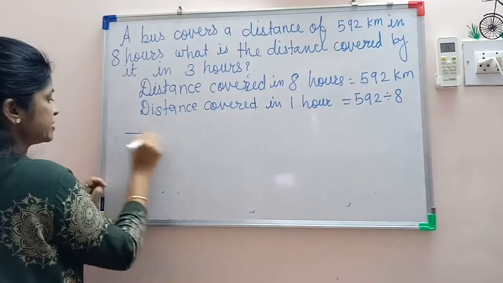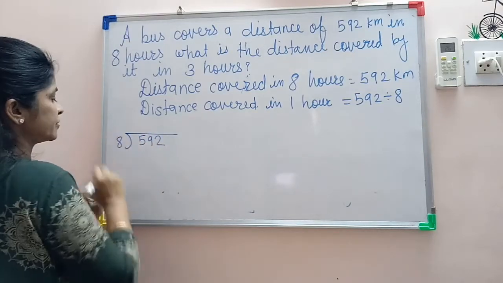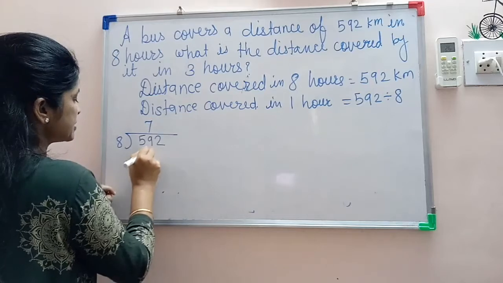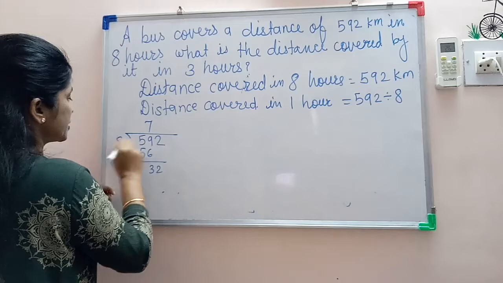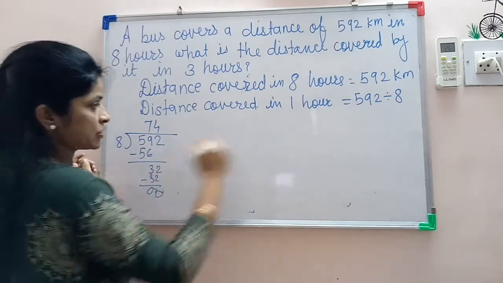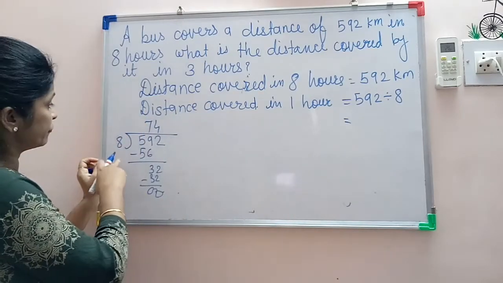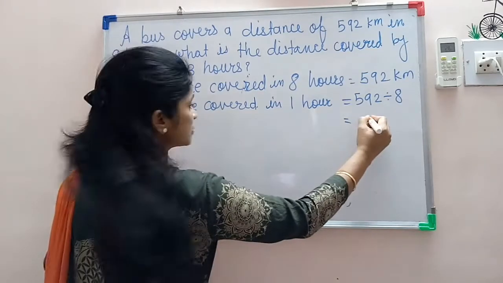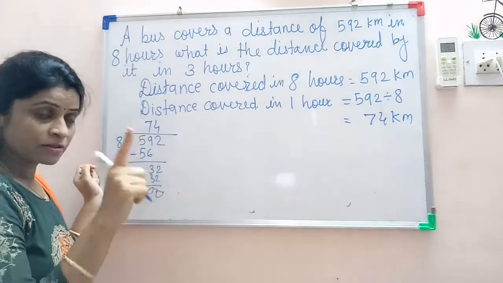Now we'll start dividing here. 592 divided by 8. 8 sevens are 56. 8 fours are 32. So we got here distance covered in 1 hour is equal to 74 kilometer. Now we got the 1 hour distance.